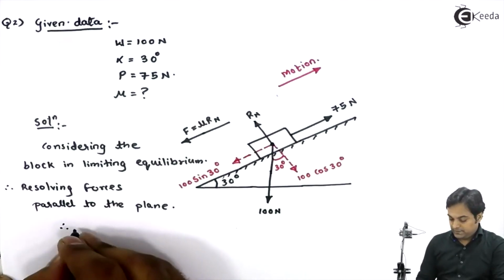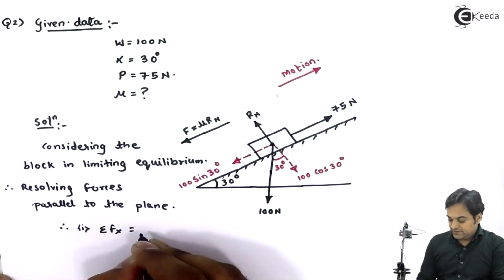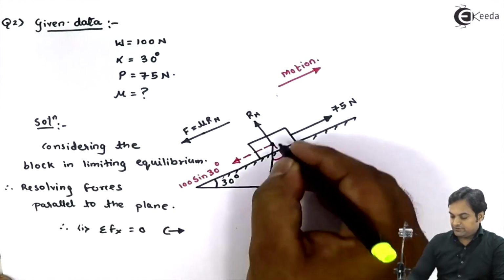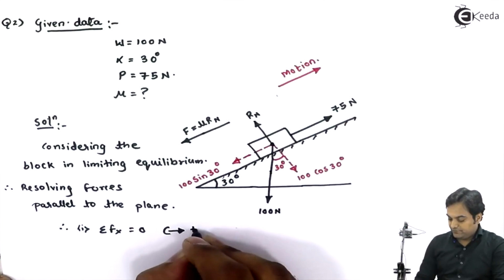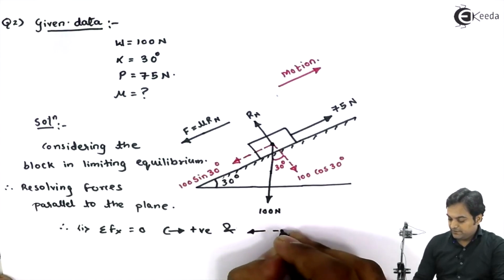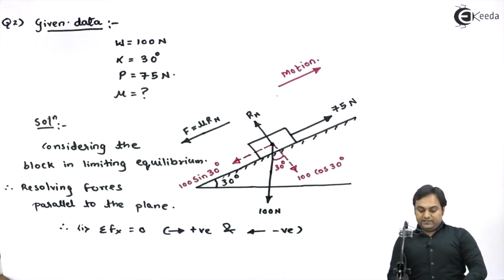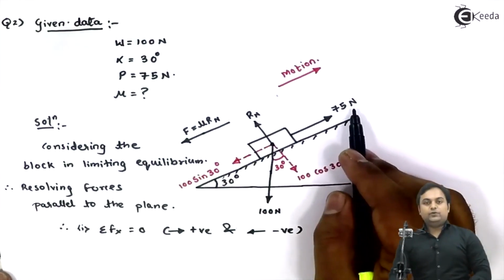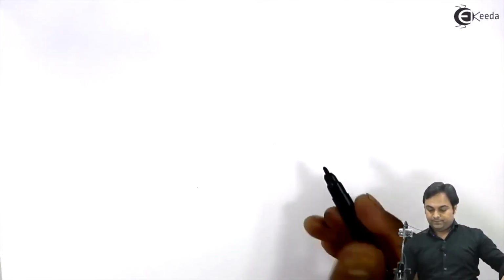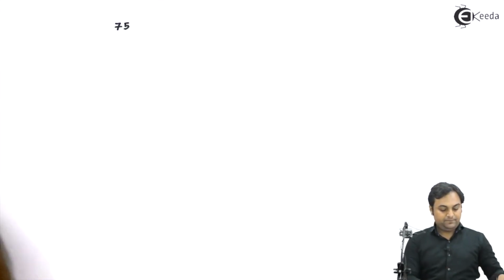Therefore, I will have summation of Fx is equal to 0, where all upward forces along the plane are positive, all downward forces along the plane are negative. Therefore, I will say that here I have 75 Newton which is upward along the plane, so that is positive, 75.